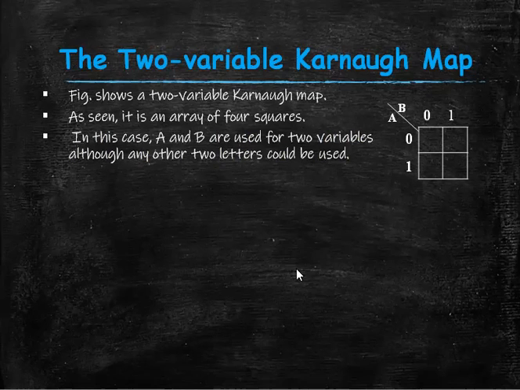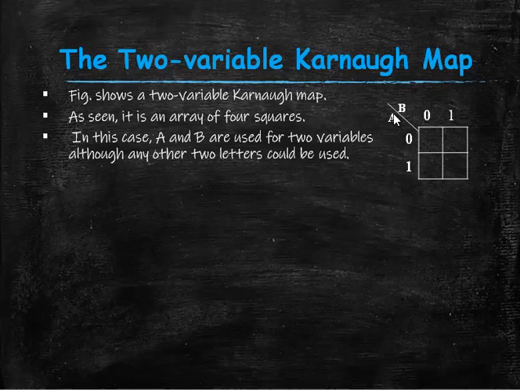Here the variable A is written, and for this variable the value may be 0 or 1. That is, it may be in 2 states, A or A bar.